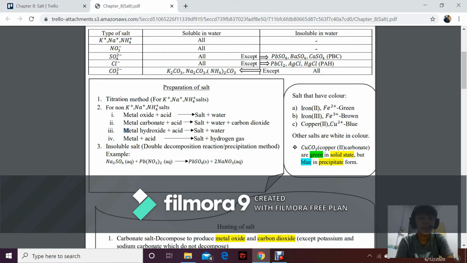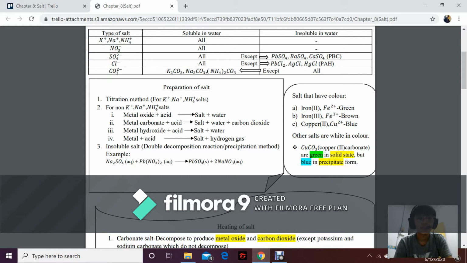So for metal hydroxide plus acid, you will produce salt and water. For metal and acid, you will produce salt and hydrogen gas. This is the case for those metal ion that is not K plus, Na plus, and NH4 plus.